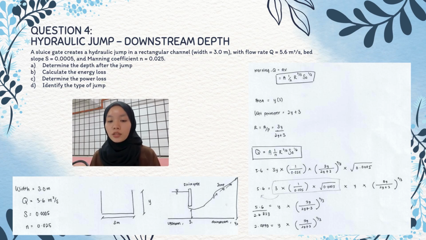So the formula that we use here is Q equals area times 1 over n times R to the power 2 over 3 times slope to the power 1 over 2. Here we can get the area as y times 3, and the wetted perimeter is 2y plus 3. So the hydraulic radius will be 3y divided by 2y plus 3.